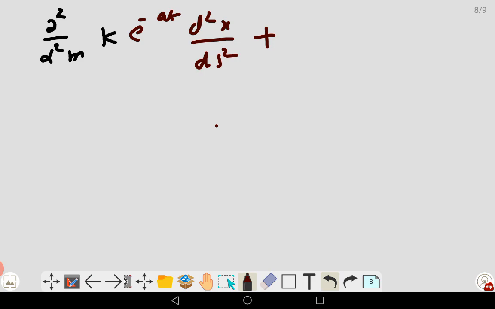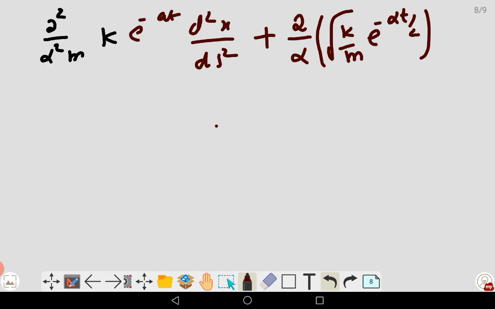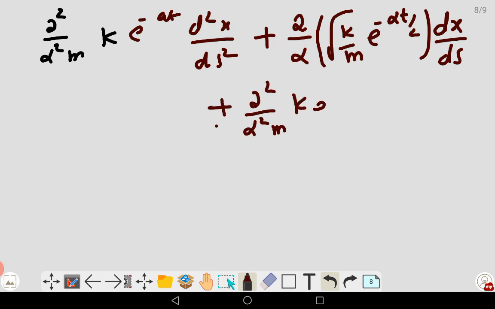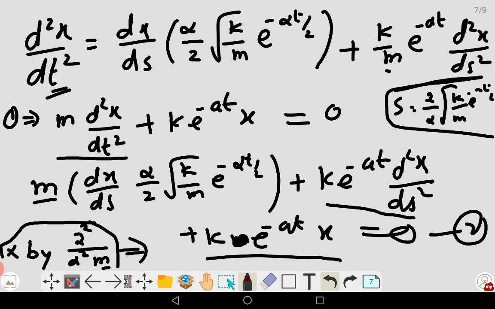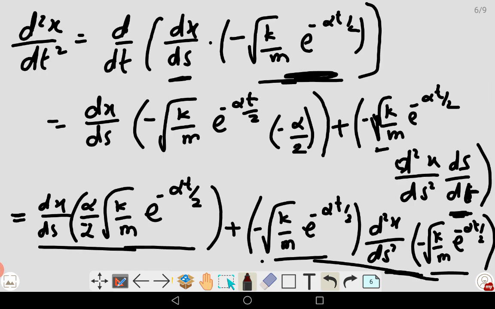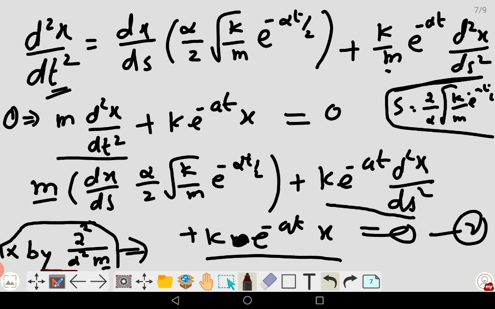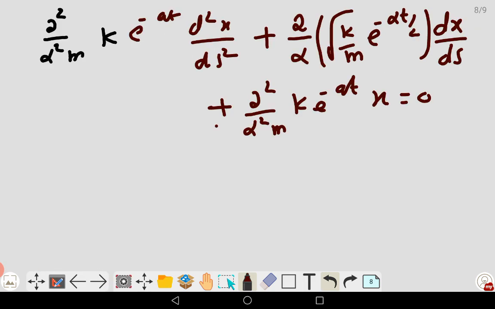Second term, for first derivative, it will be 2 over alpha square root of k over m, check it, e raised to minus alpha t over 2 and dx over ds. Third term is 2 square over alpha square m k e raised to minus at x equal to 0. If you multiply this term everywhere, you will find this equation, right?